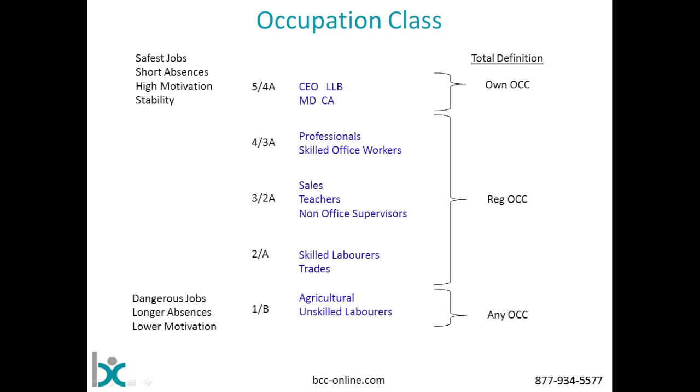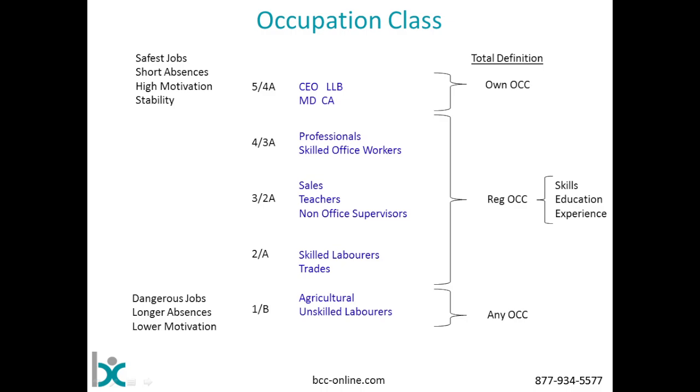And by regular occupation, what we mean is that these people will get benefits as long as they can't do a job that falls within the regular range of their skills, education, or experience. Or sometimes we would say skills, training, or experience.